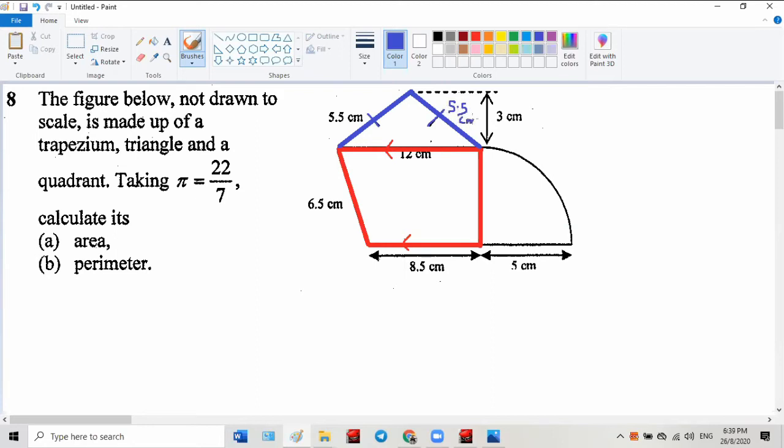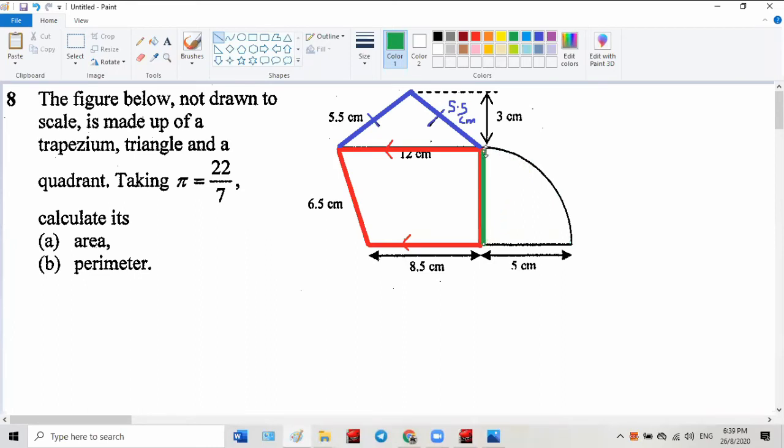So far, so good? And a quadrant. Quadrant means a quarter of a circle. See the radius? Is the radius of a circle given to you? How much is the radius?